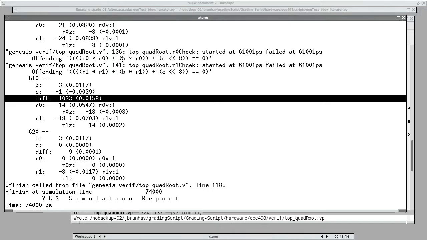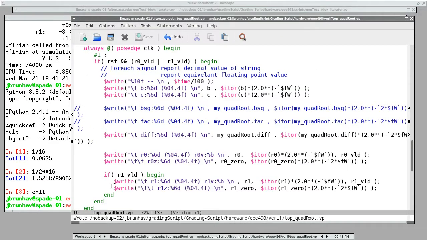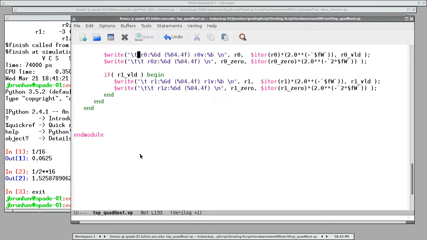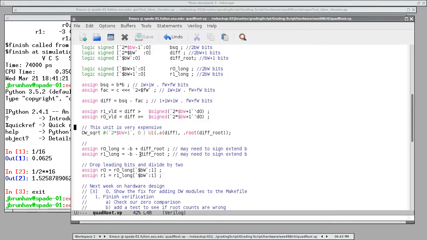So we could have gone wrong in a few places. So we know diff is for the most part correct. So maybe we've used the square root module incorrectly. You know, that's fairly probable. So we asked for a 2-bit with -1.